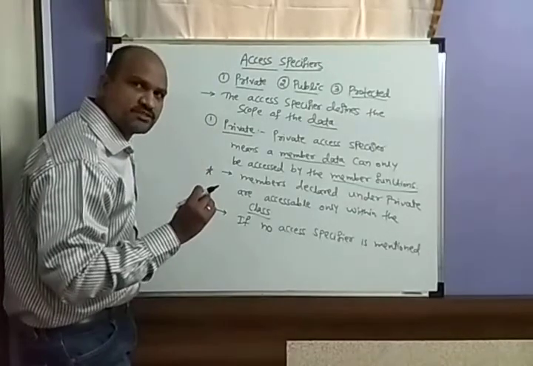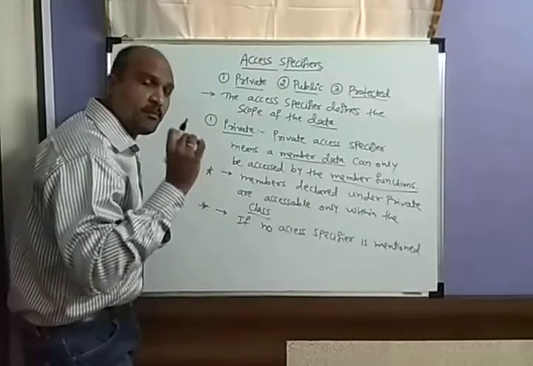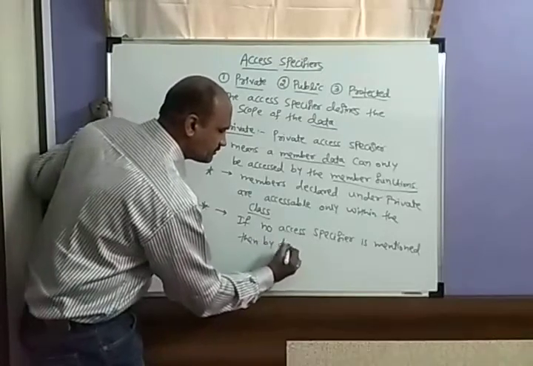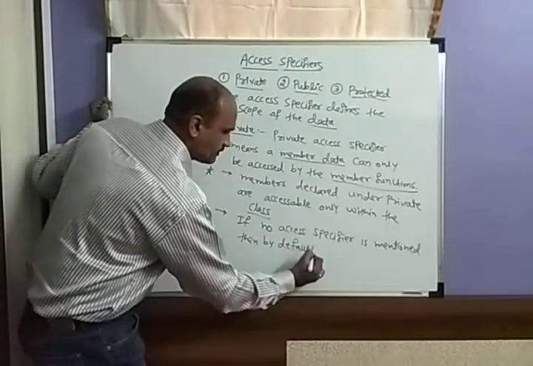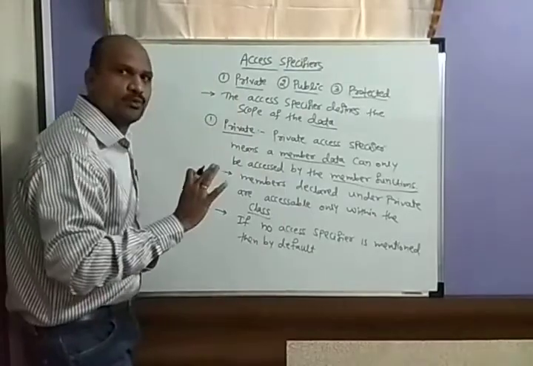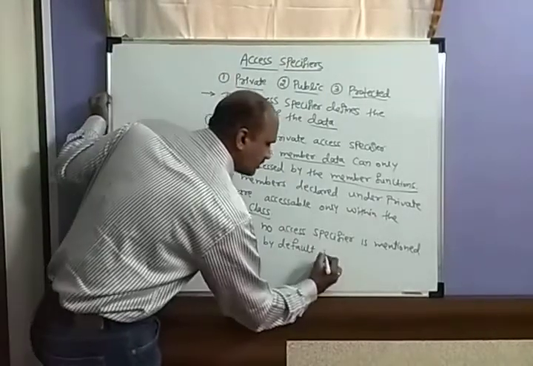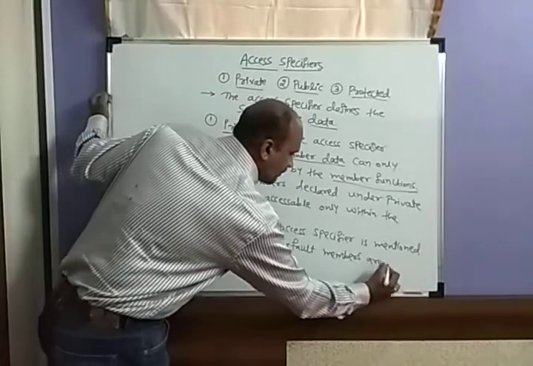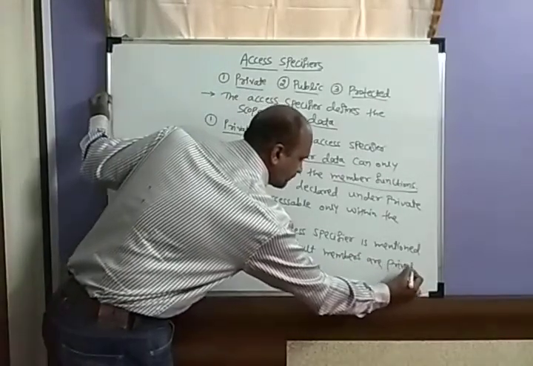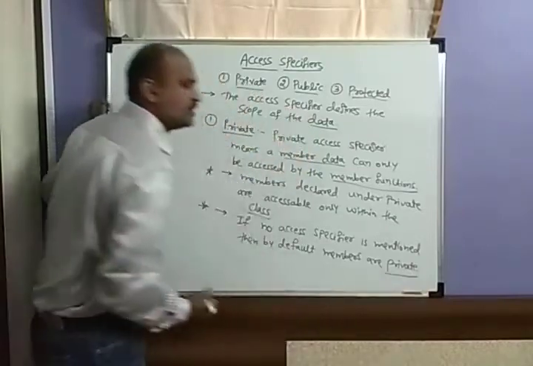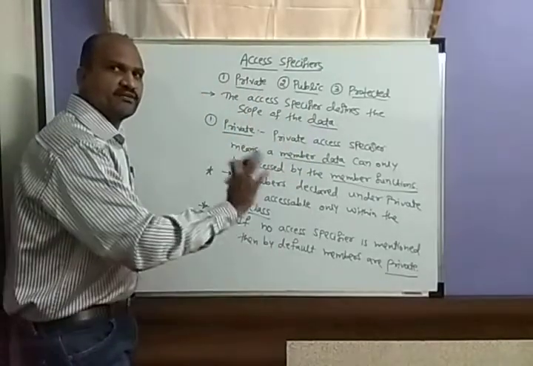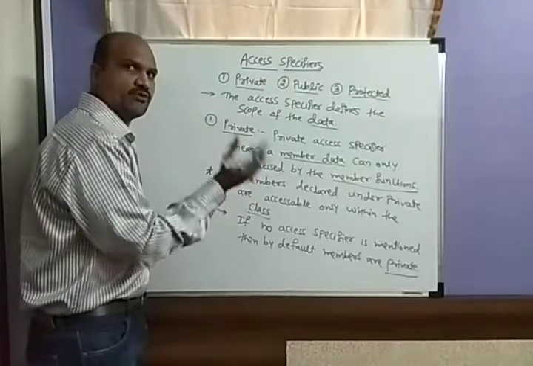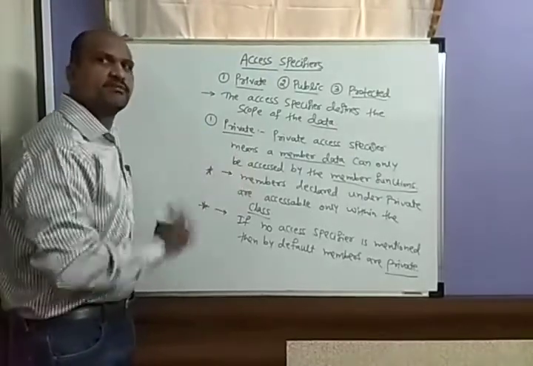If you do not specify, it will automatically take it as private. If you declare private, it will take private, and if you do not declare, it will also take private only.